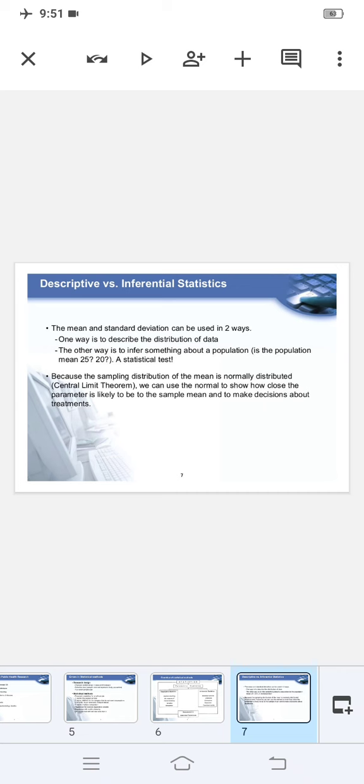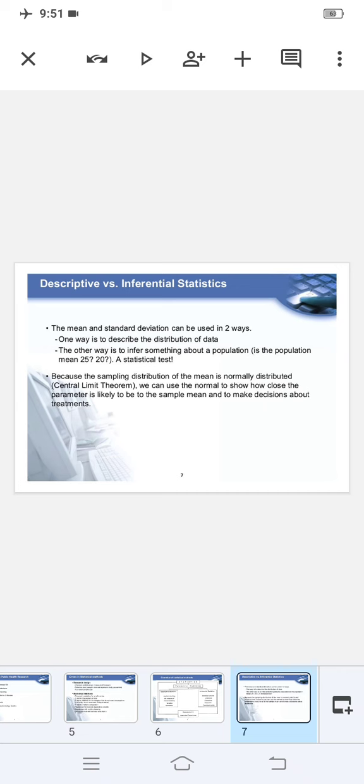Next is the comparison between descriptive versus inferential statistics. The mean and the standard deviation can be used in two ways: one way is to describe the distribution of data, and the other is to infer something about the population. This is the type of statistical test.